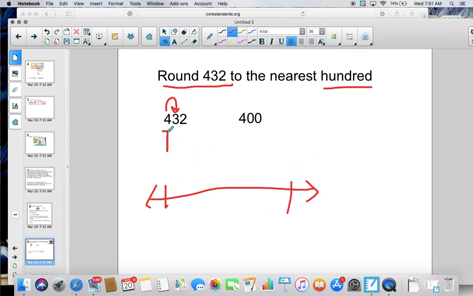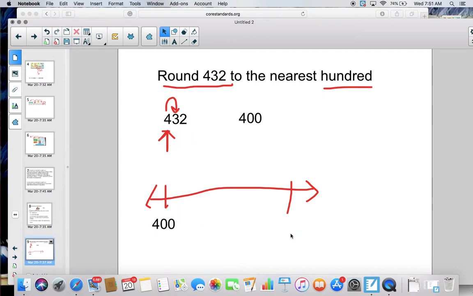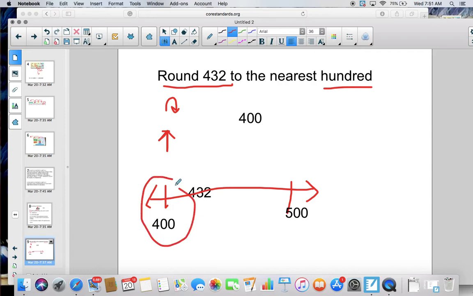Since this underlined number is in the 400s, over here you're going to put 400, and over here you're going to put 500. Then you're going to think about where this number goes on the number line, and it goes over here, so you're going to choose 400.